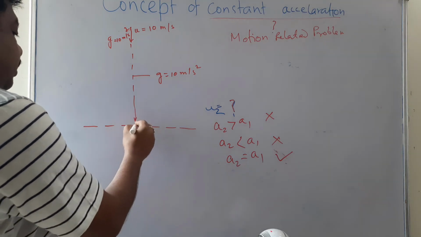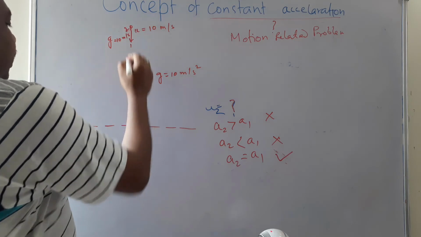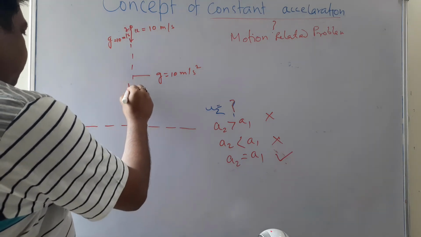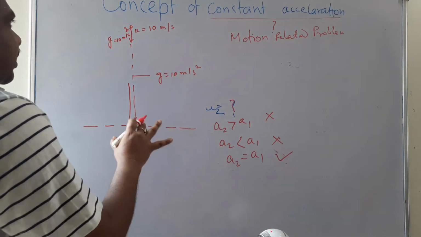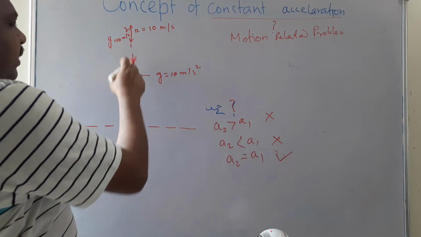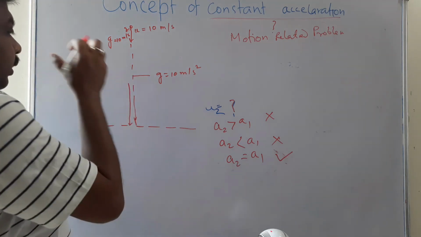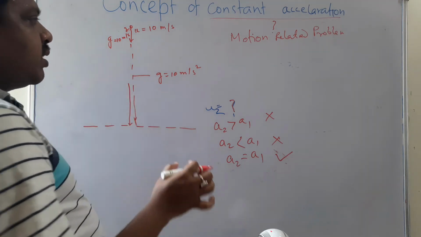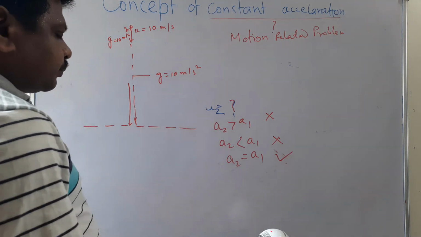Why is it constant? Because this is your ball, and earth is always pulling it with a certain force, so that you get this g. So this is the case where g is constant, and you can apply all those equations.